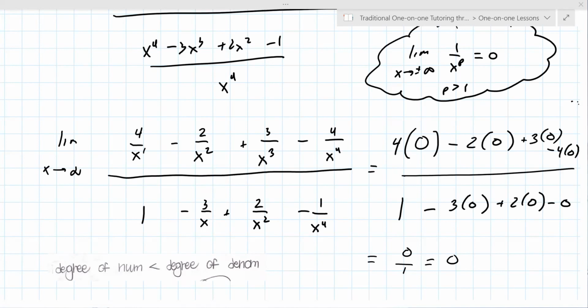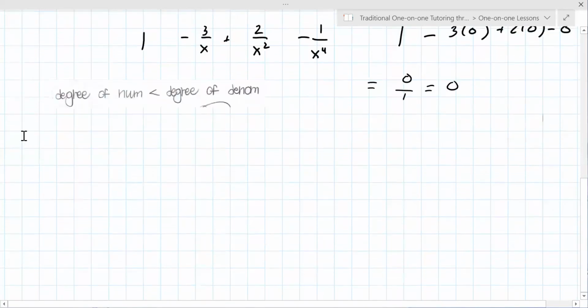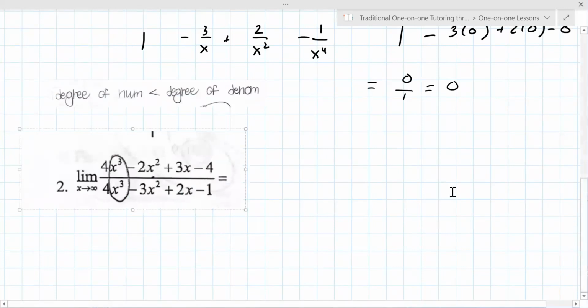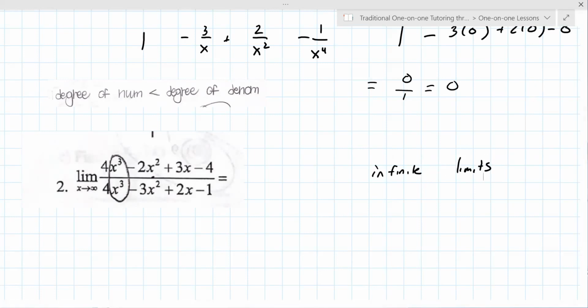Here's one kind of like it. What is this called? Infinite limits.